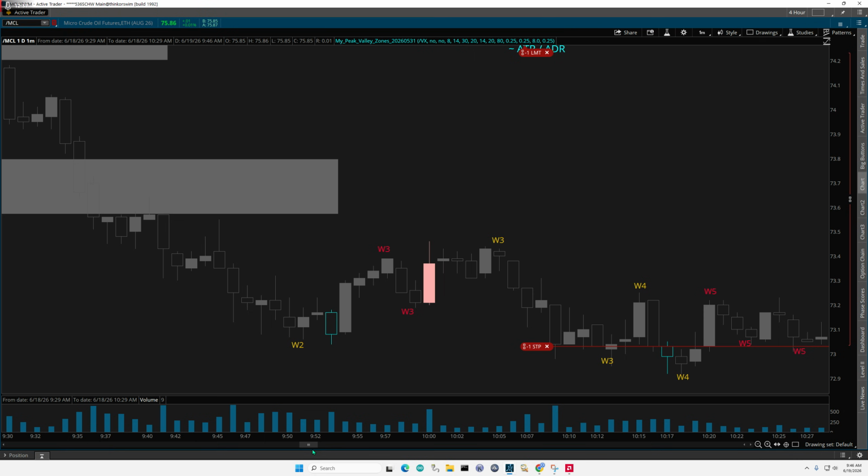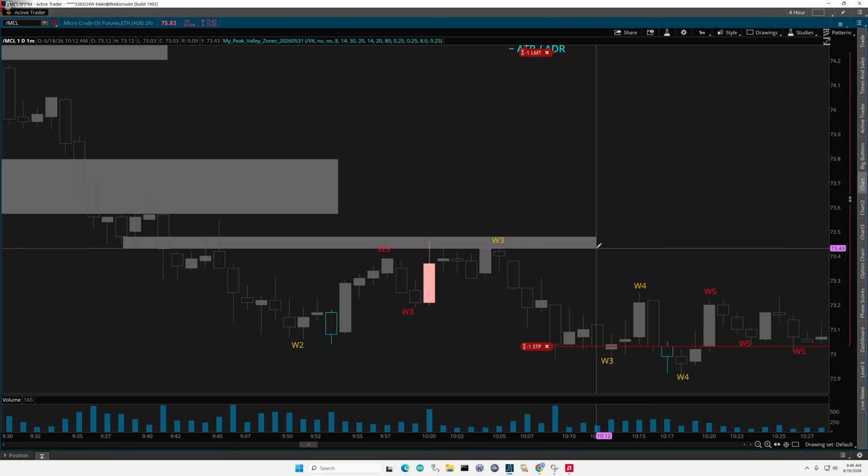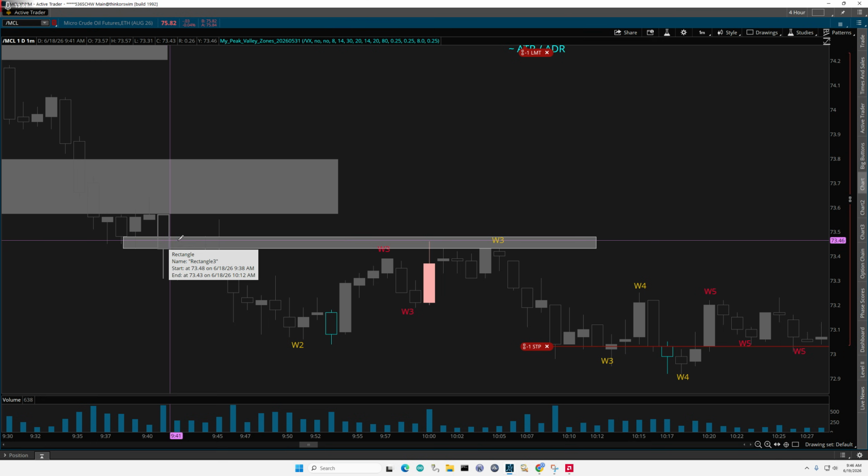And let's see if there's any more. So yeah, there's another one. Once you train your eye, you'll see these quickly. So here you can see that from the bottom of this candle body to essentially this wave 3 candle body high, it's another poor structure. I only have 1 candle body in there.